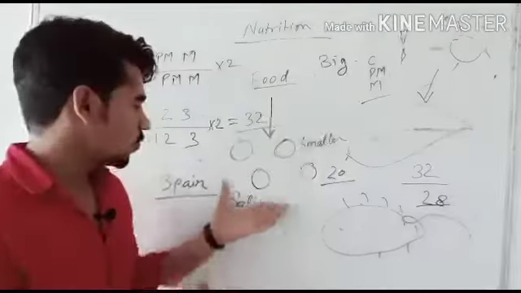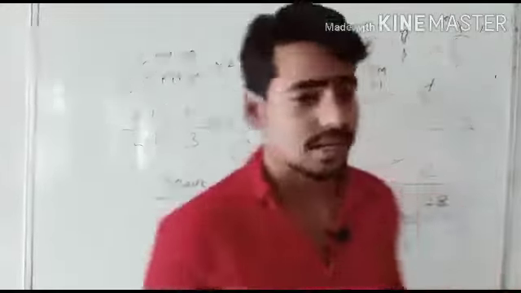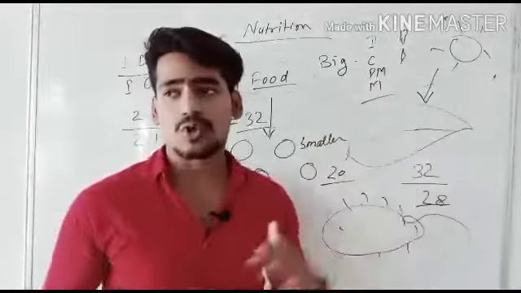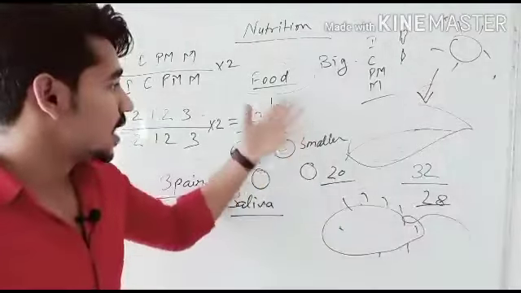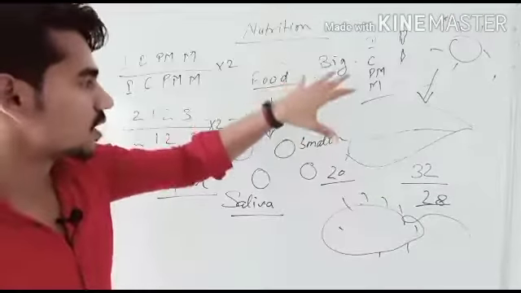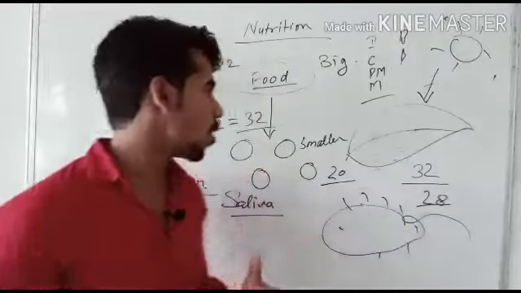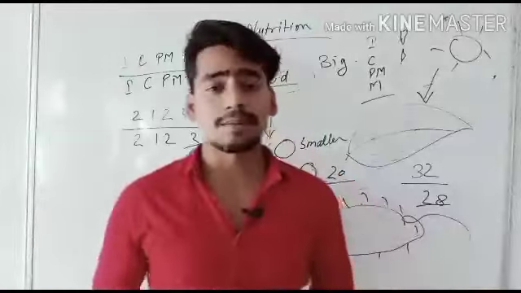Okay, so now we have discussed 2 or 3 things in digestion. First of all, we know what is digestion. Okay, breaking down of complex food particles into simple ones, big food particles divided into simpler ones which can be absorbed inside our body. And then we talked about the types of teeth.